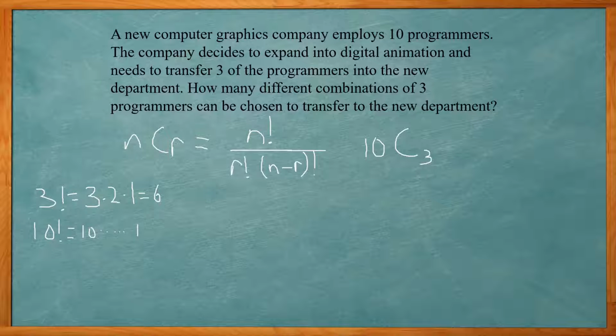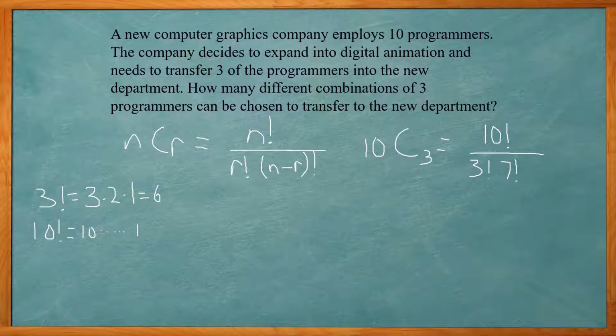So our n is 10, r is 3. So that's going to give us 10 factorial, r is 3, so 3 factorial, and then 10 minus 3, which would be 7 factorial.